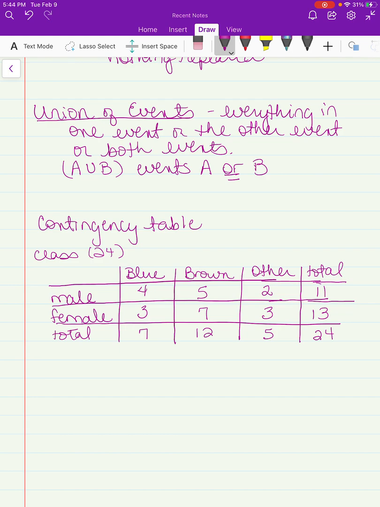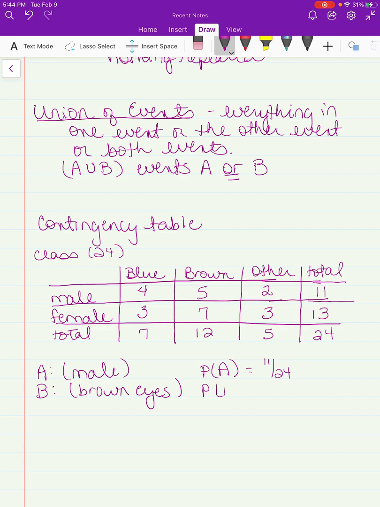So if I said that event A was defined as being male and event B was defined as having brown eyes, then I can answer all kinds of questions. The probability of A would be 11 out of 24.